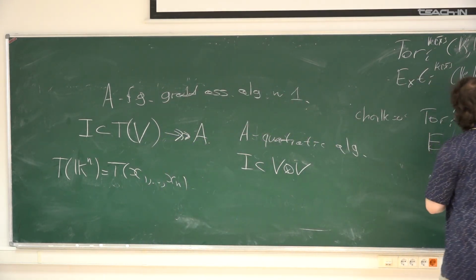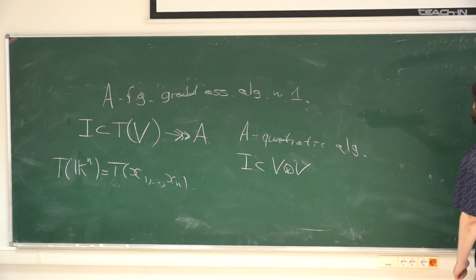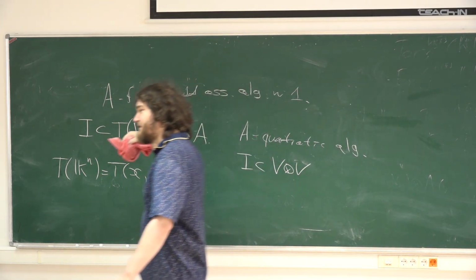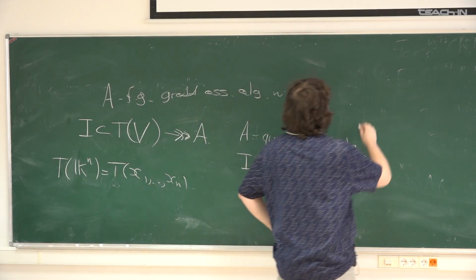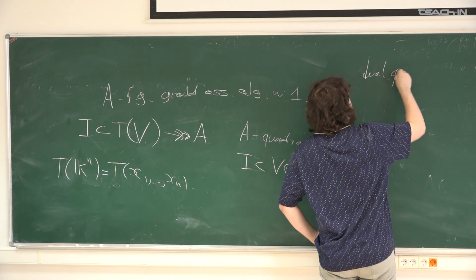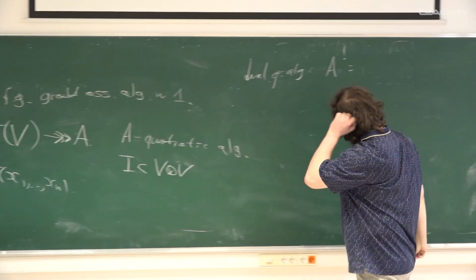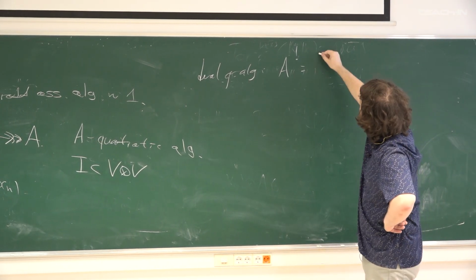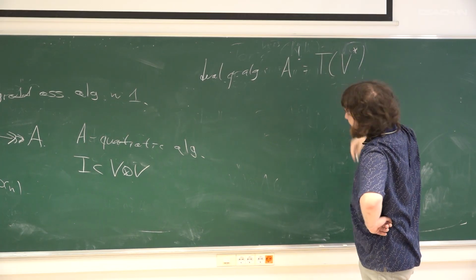Then, for a quadratic algebra, you can define the dual quadratic algebra. You need to consider an associative algebra on the dual vector space.